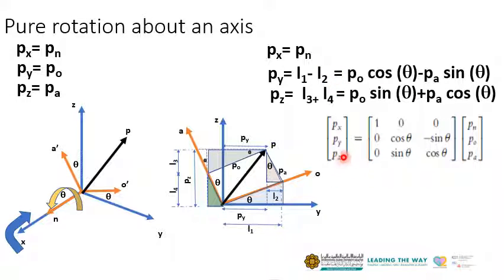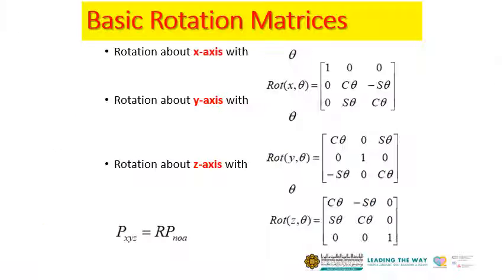Now, in terms of matrix, we can write down Px, Py, Pz, and these equations can be represented by this matrix multiplication as well. Now, this is for the x-axis. Instead of cos theta, we write c theta just to make it shorter in shorthand.